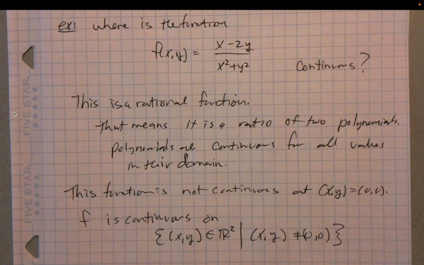So this has been an introduction to limits and continuity in the multivariate case. Now, all of these things can be extended into higher dimensions, so functions of 3 independent variables, 4 independent variables. The only thing that changes is the distance function that's used to define the delta neighborhoods.